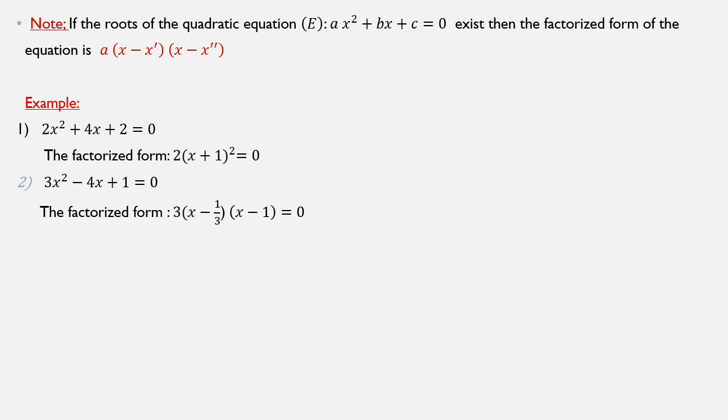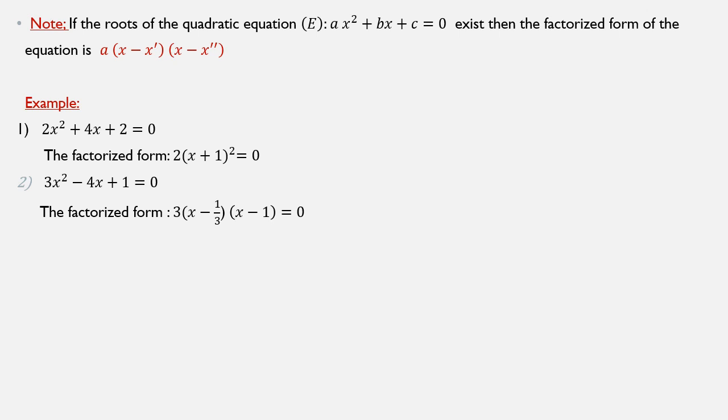Then we can factorize this equation by writing it in the form: first, a is 2. So a, which is 2, into x minus x prime into x minus x double prime, which are equal. So the equation will be 2 into x plus 1 all square equal to 0. And this we call the factorized form of E.